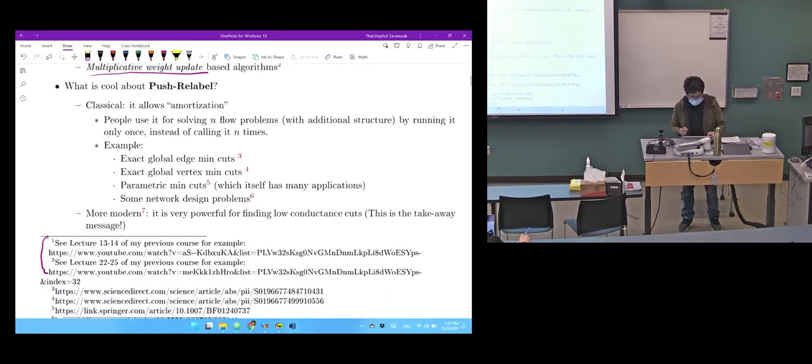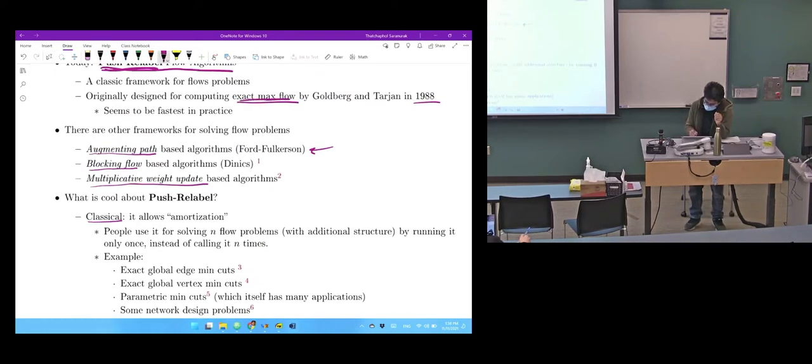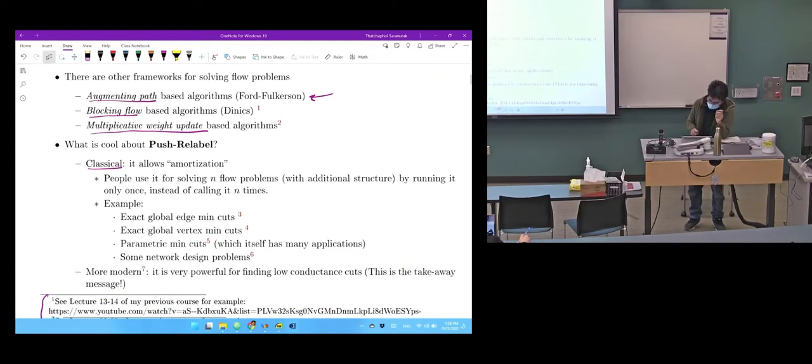So why do I talk about push-relabel? It's one framework which is nice in many ways, not just that you can solve the max flow problem. People use it to solve many other things actually. The nice thing, if I need to capture it in one sentence, is that it allows some kind of amortization. You don't need to really understand this; I just want to tell you the story.